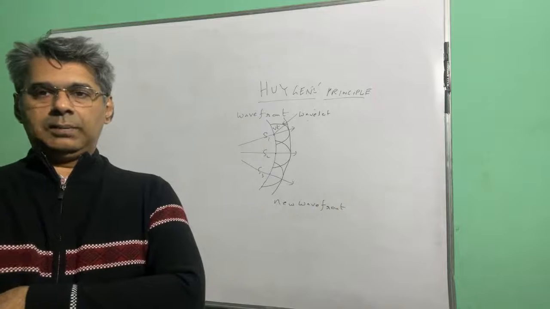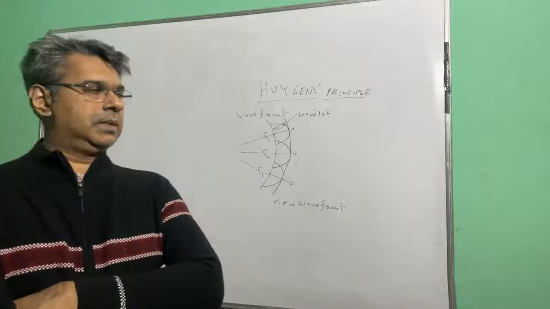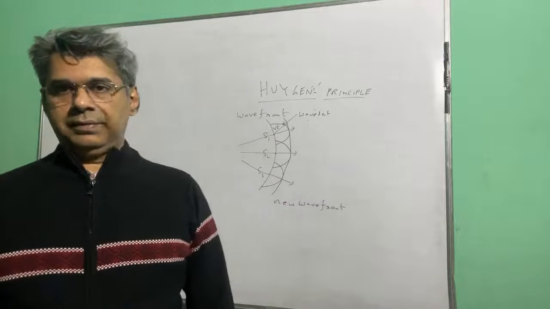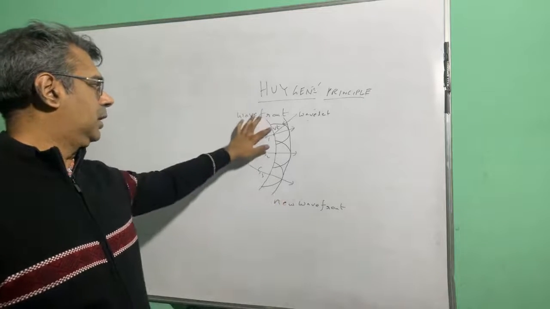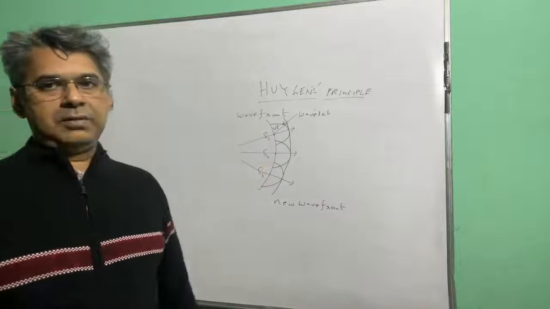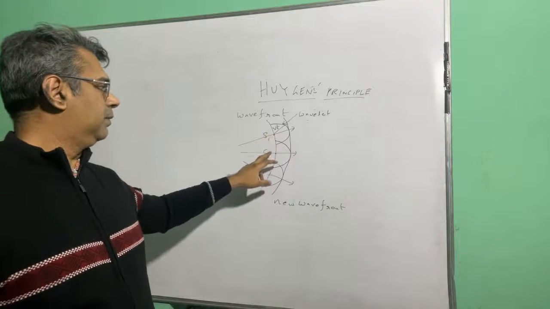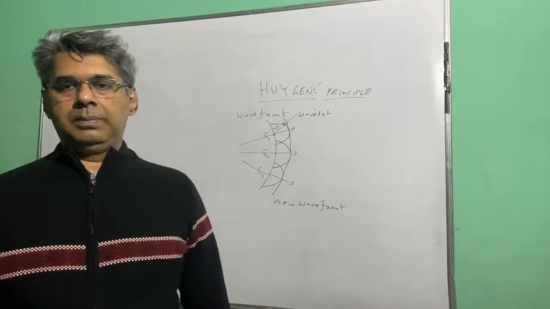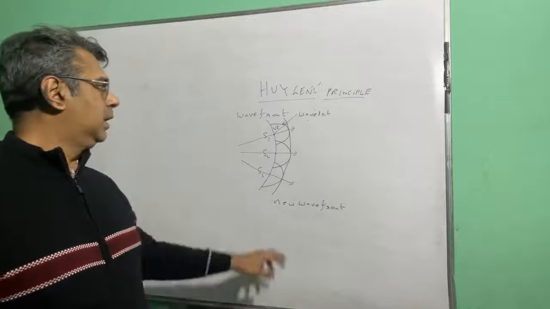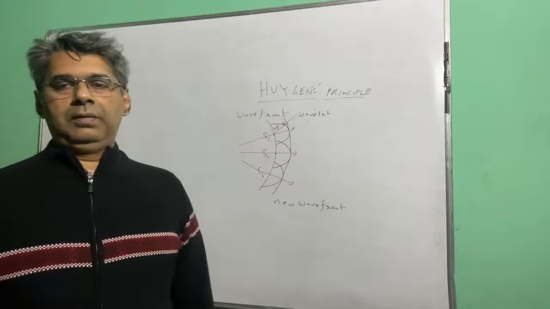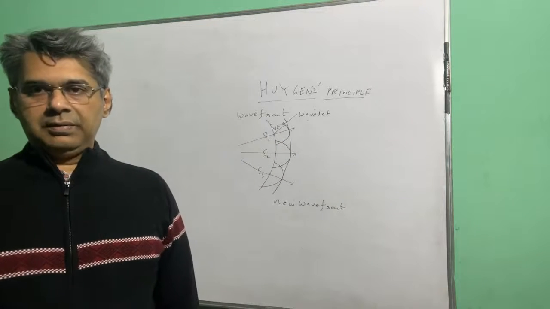If you connect all the points which are in the same phase of disturbance, then the join of all those points is the wavefront. So I have joined all the points which are in the same phase of disturbance, so I am getting a wavefront. Then on the wavefront, if I take different points like S1, S2, S3, then each of these will become the source of a secondary wavefront which is called a wavelet.